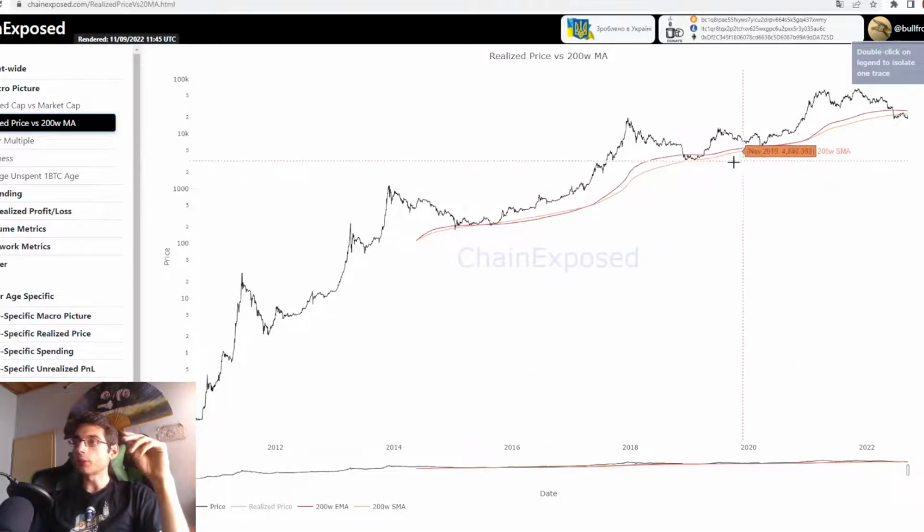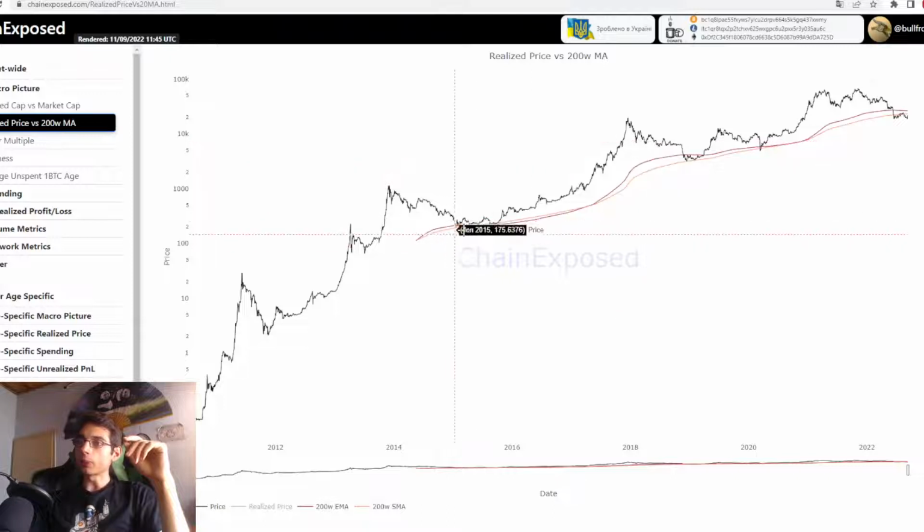As you see, every time we got to the 200 SMA on the weekly chart, we got support on the price, and we went higher. This was the very bottom of every bear market since, and we are now below that. We haven't gotten so far below the 200 SMA ever since, and that's kind of the best opportunity I can see to buy Bitcoin in the long term.